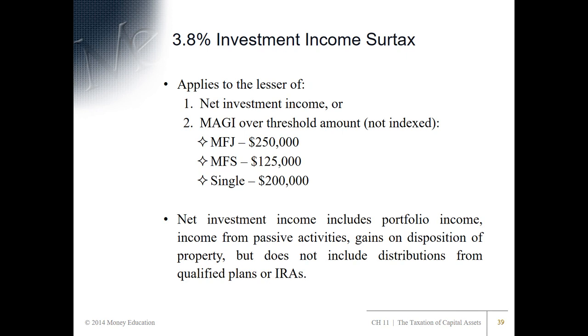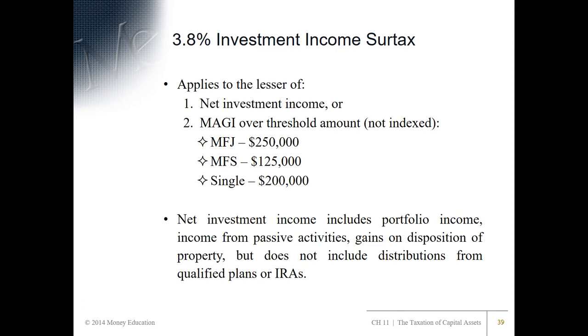But you take this MAGI over the threshold amount. For married filing joint, $250,000, married filing separately, $125,000, and singles, $200,000. So you do those two calculations, and the lower one is what you apply the 3.8% investment income surtax to.